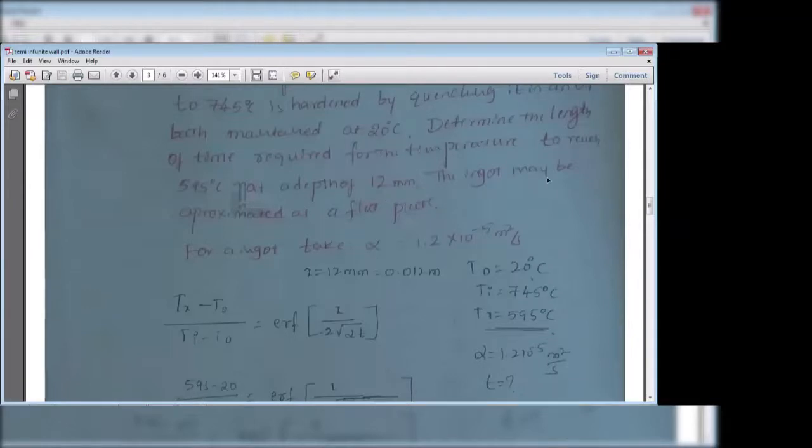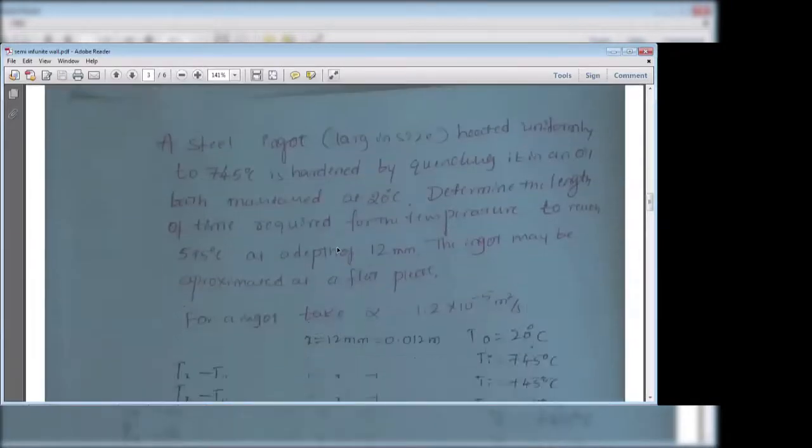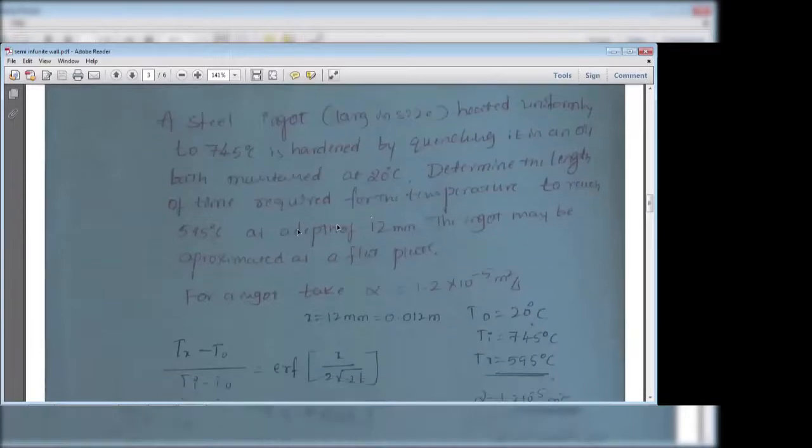The ingot may be approximated as a flat plate. What is the shape of the ingot? That is a flat plate. Here it doesn't give any thickness. Are any dimensions of the steel ingot given? No. So for this problem, take alpha equal to 1.2 into 10 raised to minus 5 meters squared per second. Understand?